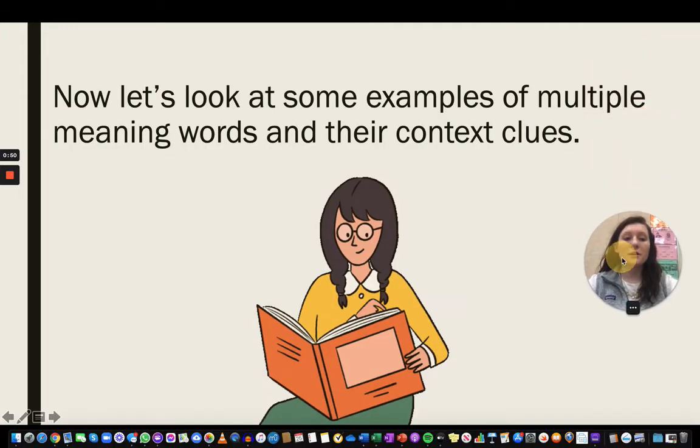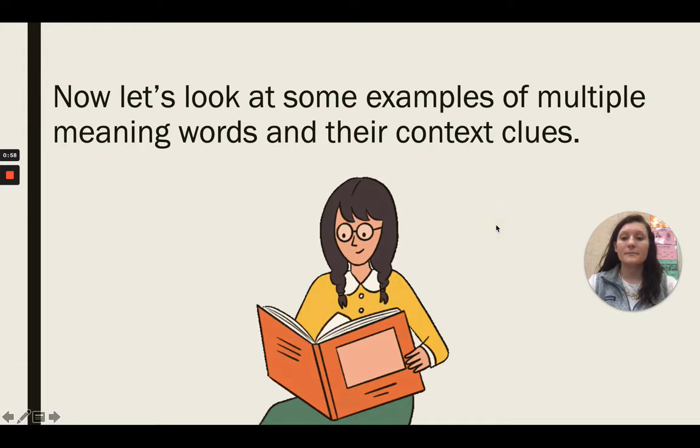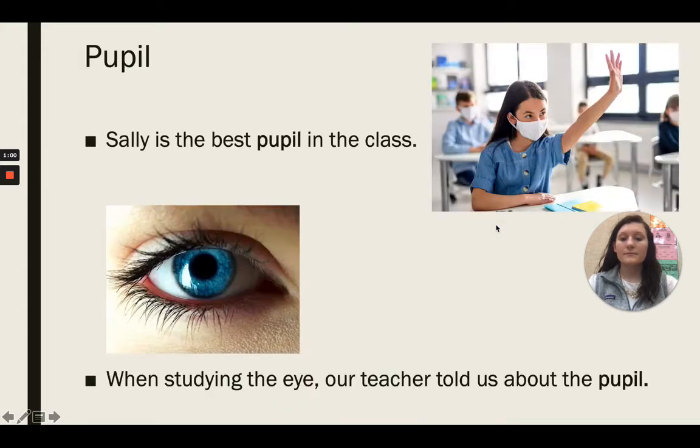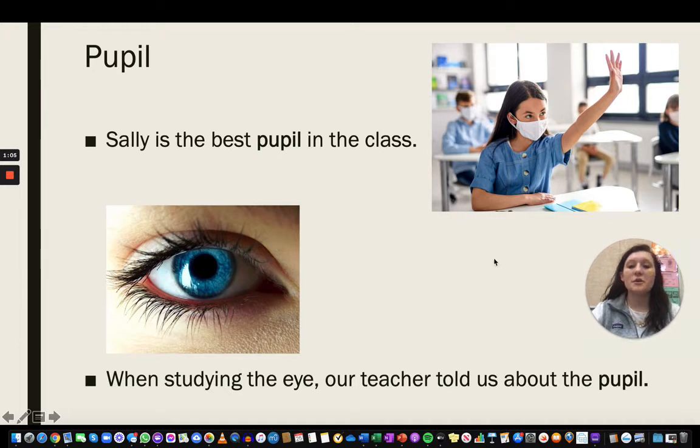All right, so we're going to look at some examples of multiple meaning words and their context clues. The first one is pupil. The word pupil has two meanings.